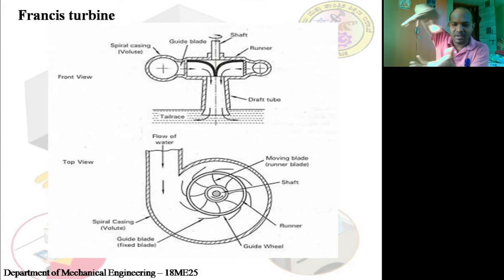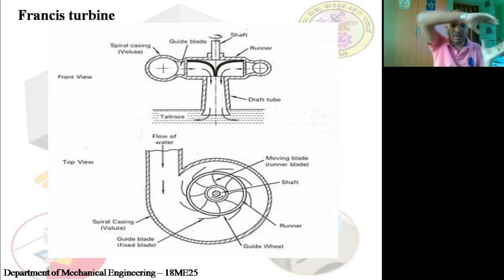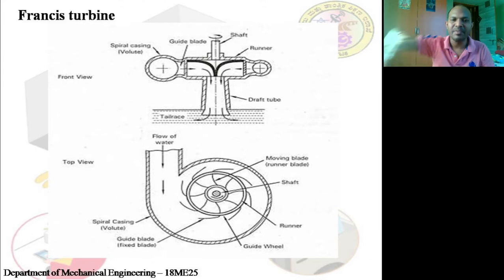Intentionally they make the water flow like this, so that its pressure energy keeps converting into kinetic energy for the blades. While the water moves in the spiral, the pressure energy of the water is converted into the kinetic energy of the water.